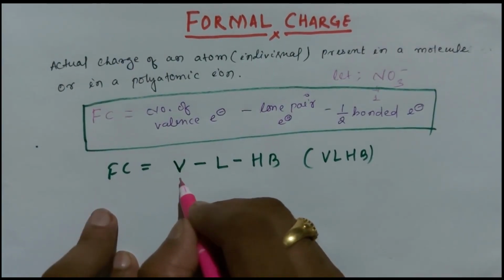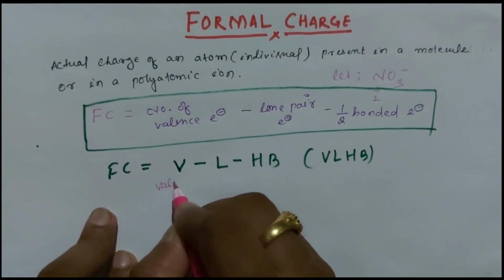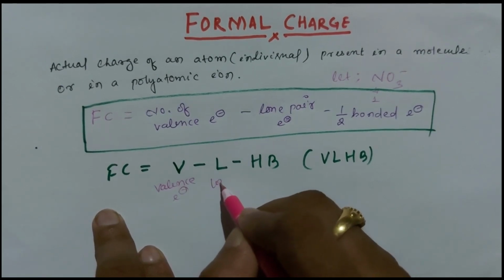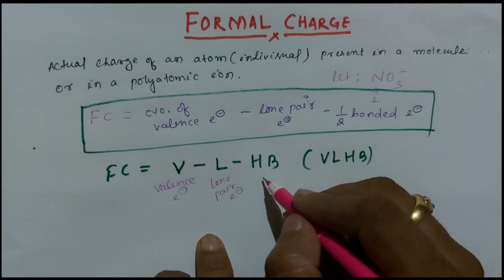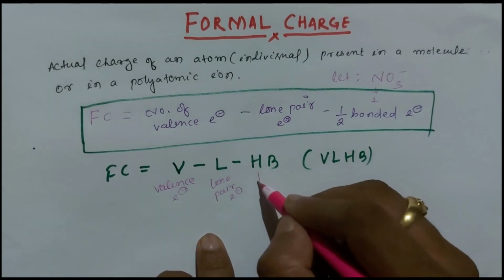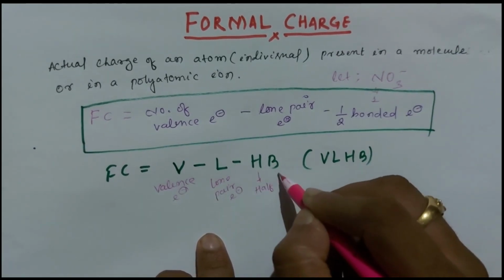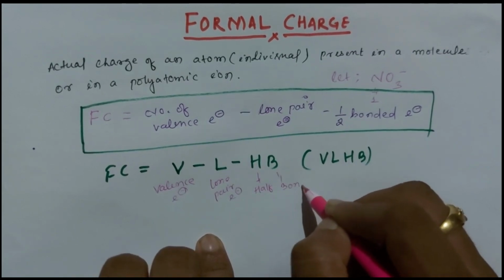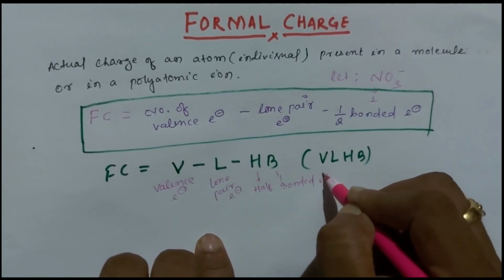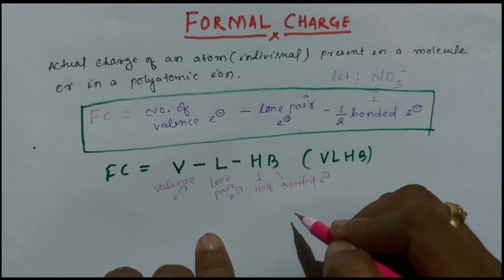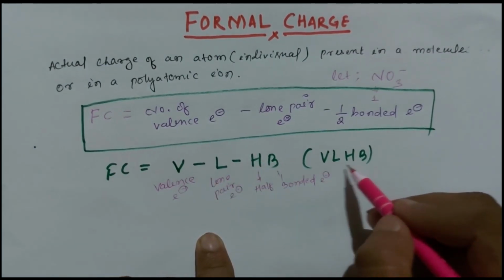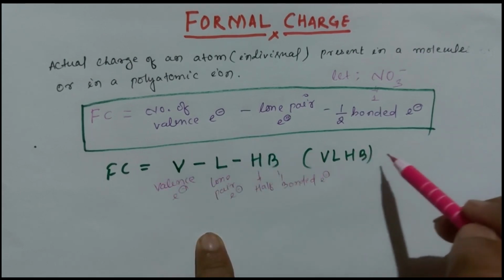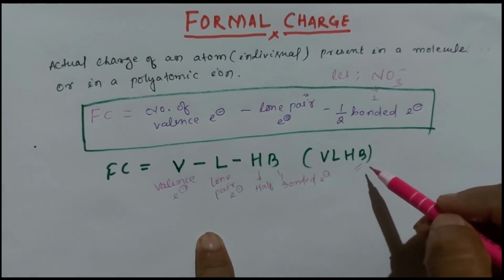V for valence electron, L for lone pair electron, H for half, B for bonded electron, the half of the number of bonded electrons participating. So remember it like this, VLHB. This will be easy for you to remember.